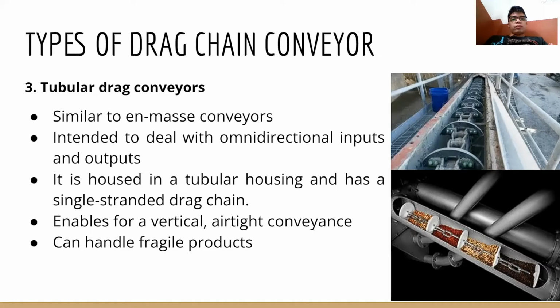In addition, its design enables a vertical, airtight conveyance which is difficult to achieve with other types of handling equipment. This conveyor type can handle fragile products that would not be suited for other types due to the gap between each disc, which prevents unwanted forces from acting on the material.